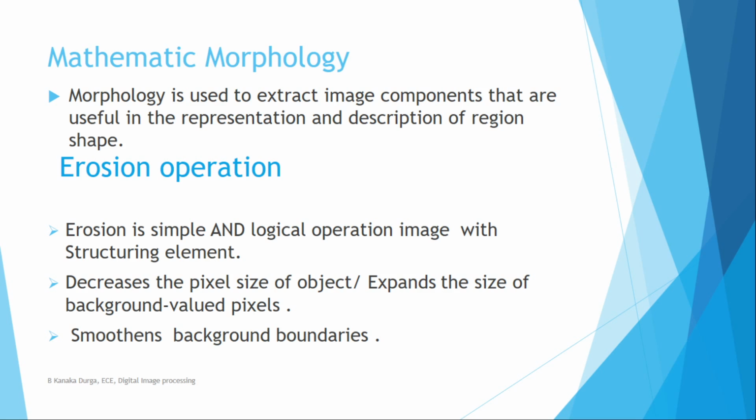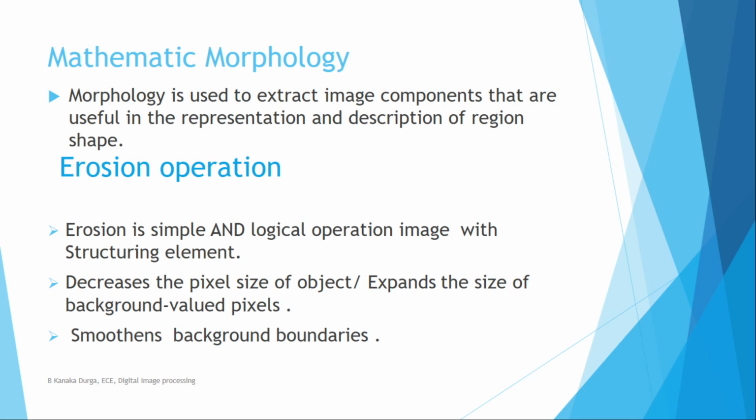Normally morphological processing covers dilation, erosion, opening and closing operations. In the previous lecture we discussed the dilation operation. Now in this talk I am going to concentrate mainly on the erosion operation.